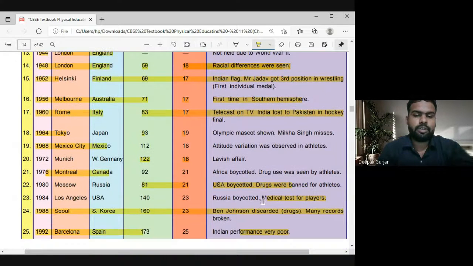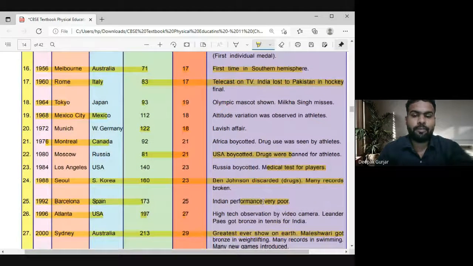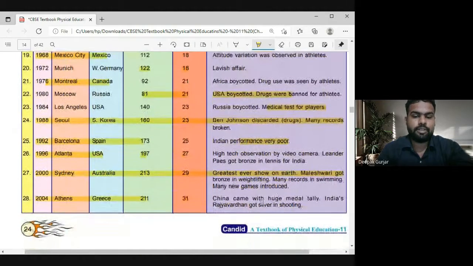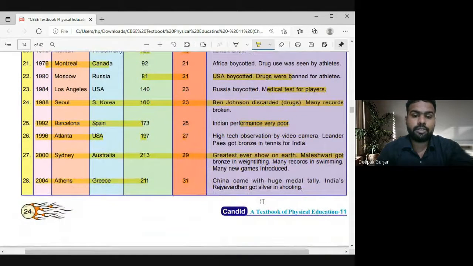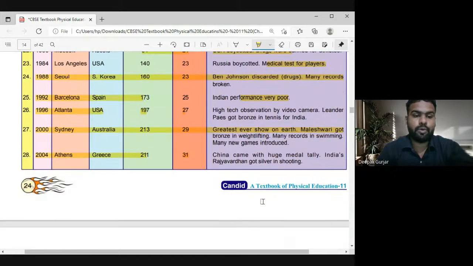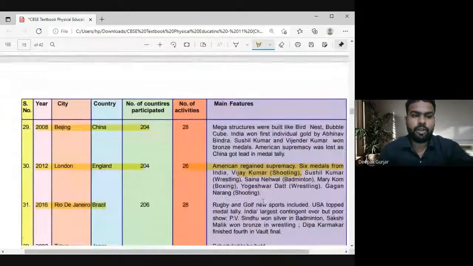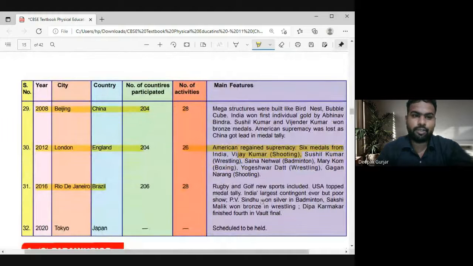If we talk about 1992, Indian performance was very poor at that time. Rajyavardhan Singh Rathore got a silver medal in shooting in 2004. In 2008, it was in China. And in 2012, we got 6 medals: Vijay Kumar in shooting, Sushil Kumar in wrestling, Saina Nehwal in badminton, Mary Kom in boxing, Yogeshwar Dutt in wrestling, Gagan Narang in shooting. 2016 was in Rio de Janeiro, Brazil.